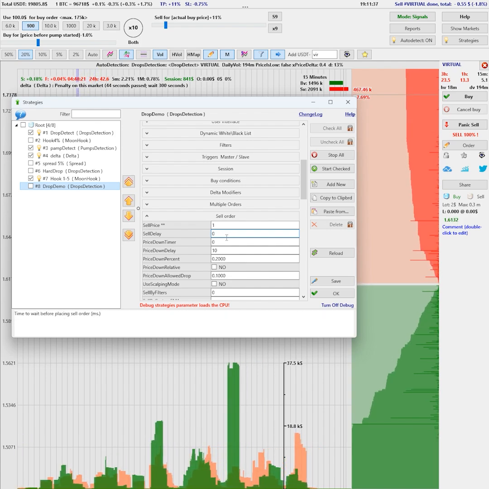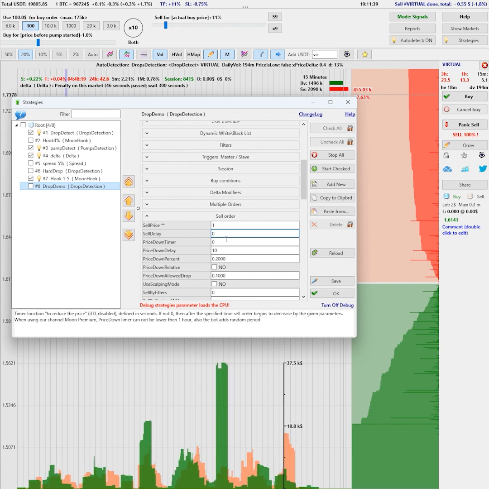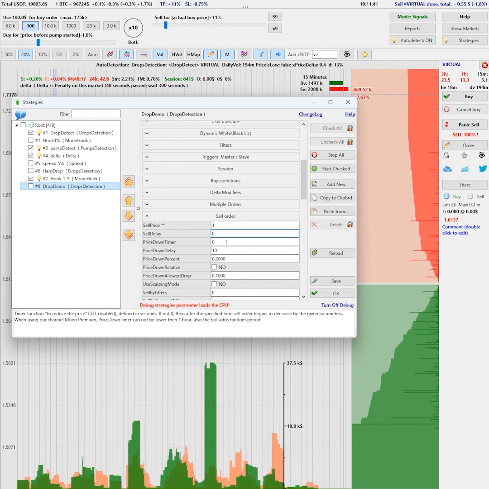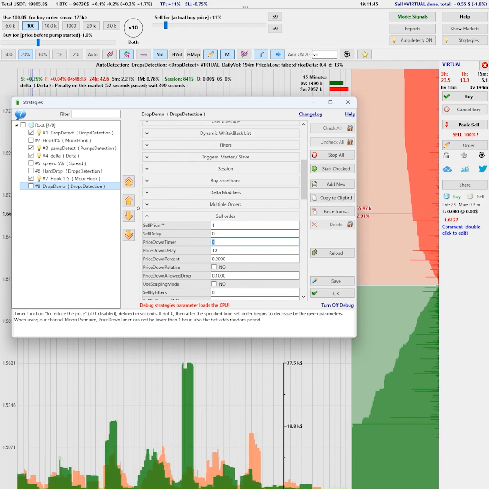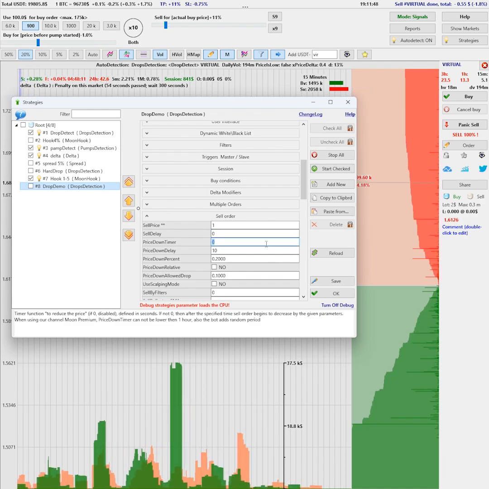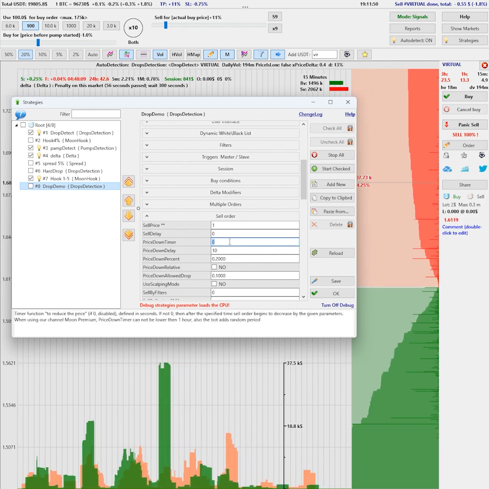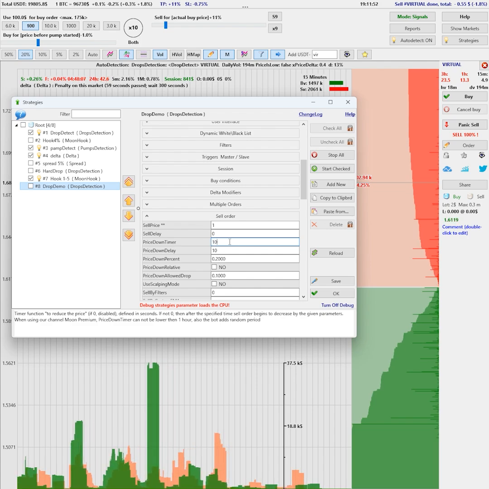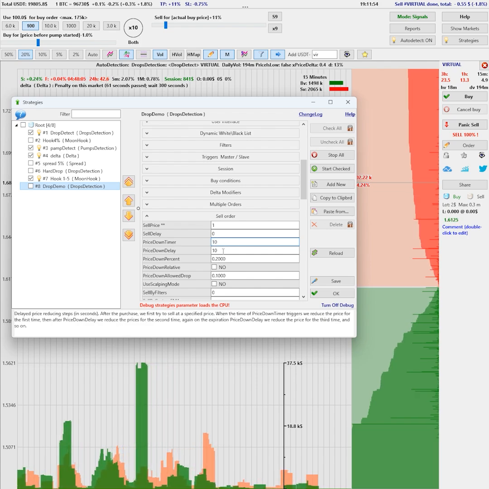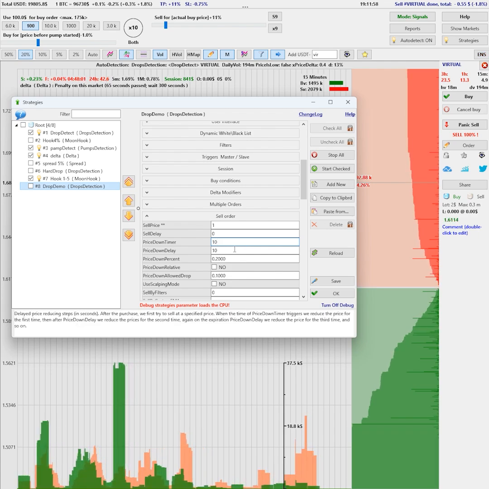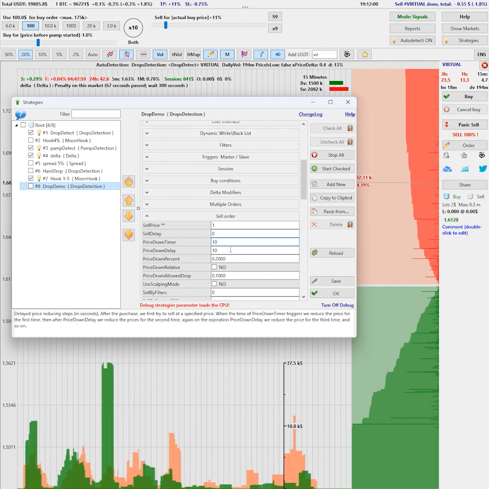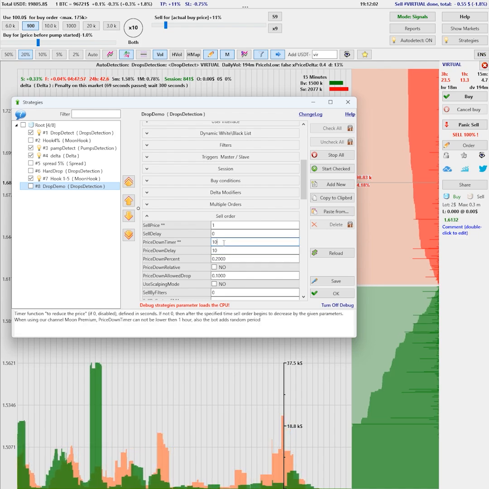Sell delay nothing, but self-explanatory, sell down timer. So what we could do is, let's say the strategy purchased a coin. After 10 seconds, it starts to move down the sell order.